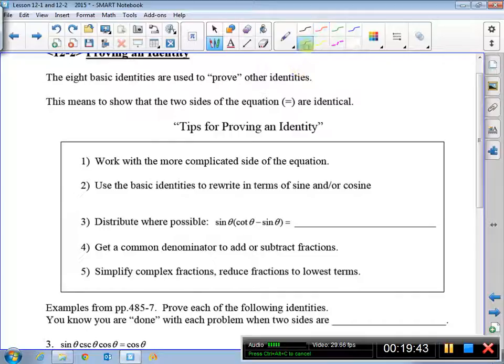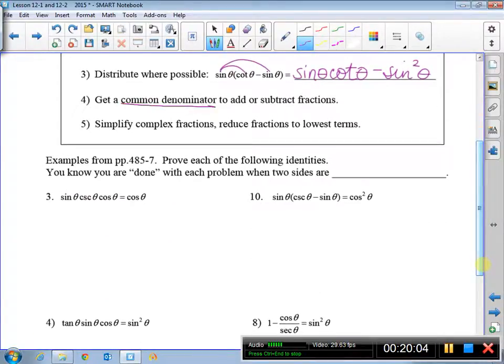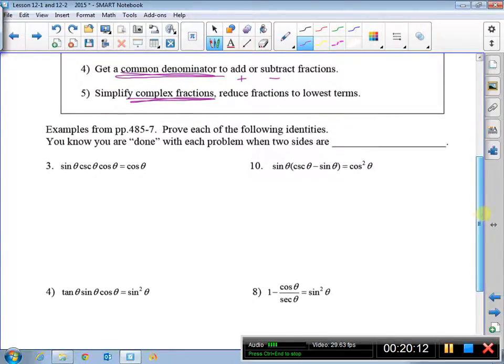So distributing this, for example, would certainly give you sine times cotangent, we change that cotangent, minus sine times sine is sine squared. So distribute when you see that possibility. Watch out for common denominators when you're adding or subtracting fractions. Simplifying complex fractions, remember how to divide as well.